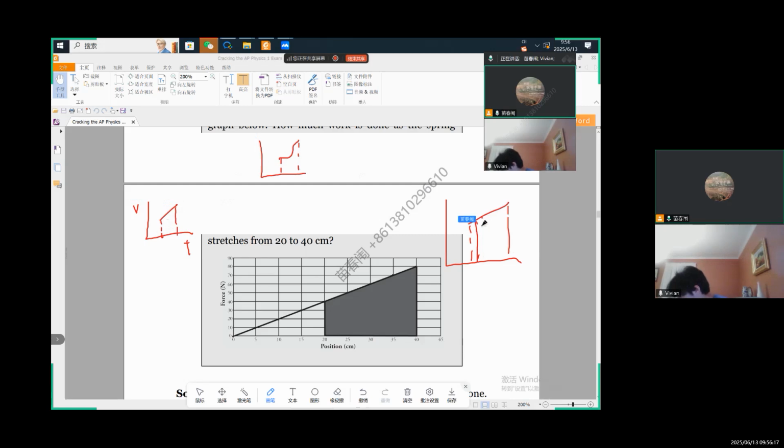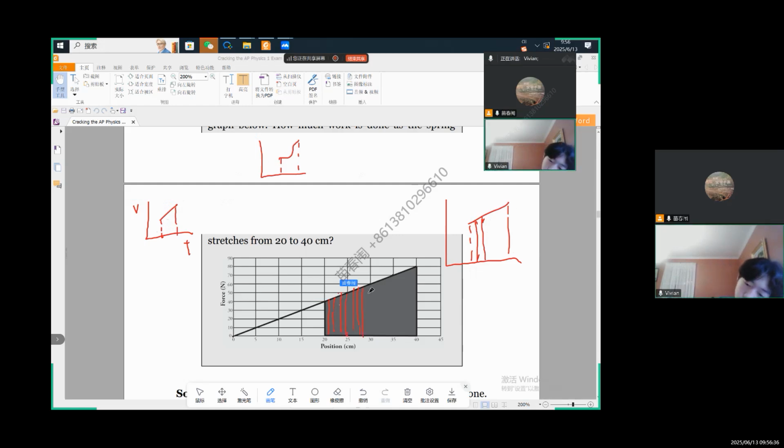All the rectangles are a little v times little t. So this is the same. Does that make sense to you?